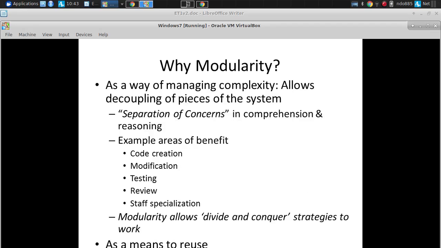And we talked about modularity last time. This is just a review. How modularity lets us try to manage this complexity by making attempts to decouple the pieces of the system, to articulate separation of concerns. Pieces whose job in life is clear, whose dependencies in life are clear, and having a well-defined set of interfaces between them. Contracts by which one part depends on others, okay? So we talked about separation of concerns.